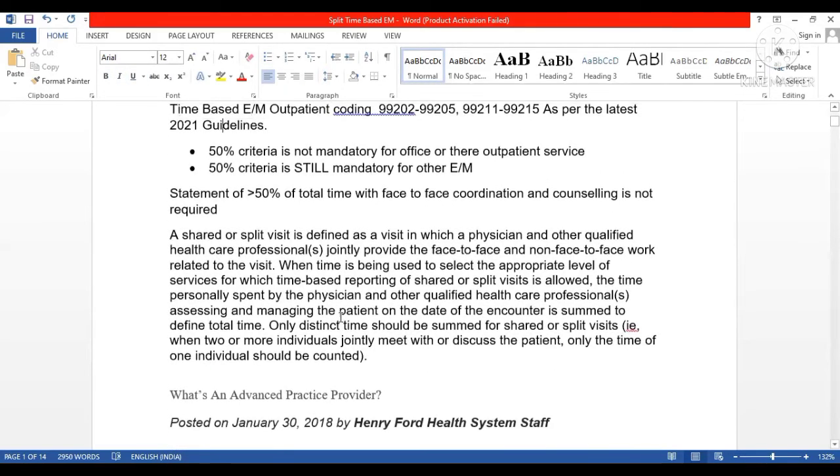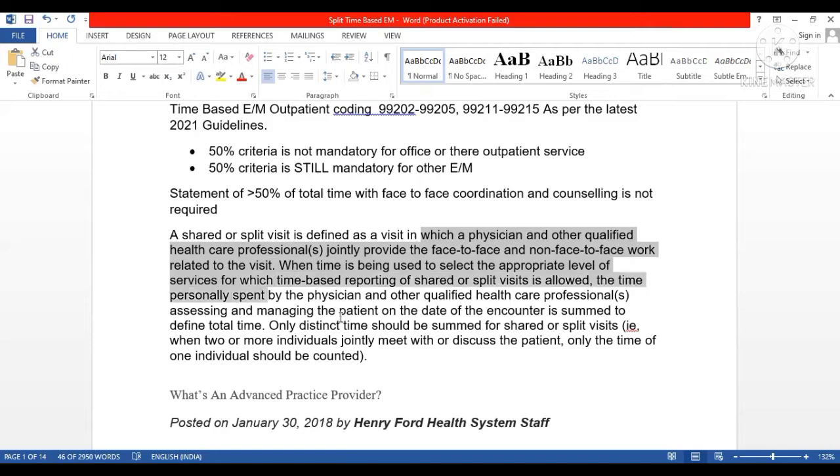First, I want to explain what shared or split time-based E&M coding is. A shared or split visit is defined as a visit in which a physician and other qualified healthcare professional jointly provide the face-to-face and non-face-to-face work related to the visit. When time is being used to select the level of service, time-based reporting of shared or split visits is allowed.